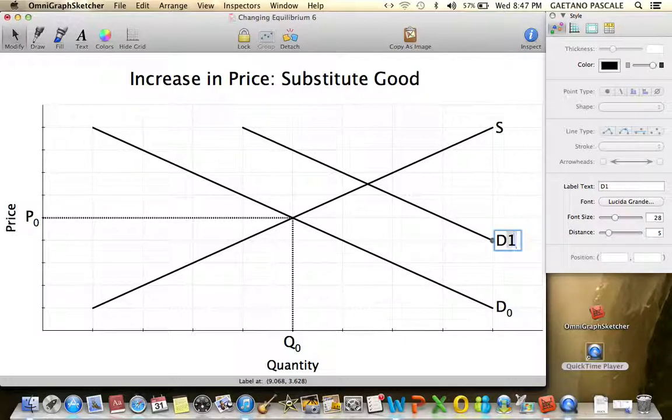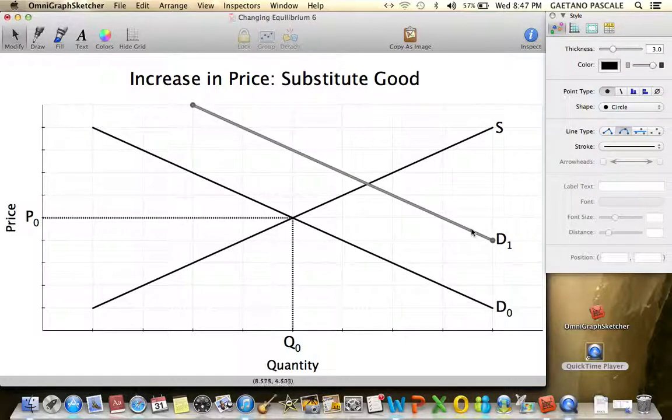This is our new demand curve. This is the demand after the price of coffee went up dramatically, causing the demand for tea to increase. People are substituting away from coffee and over to tea.